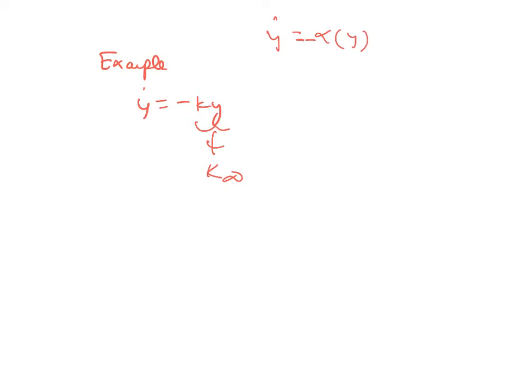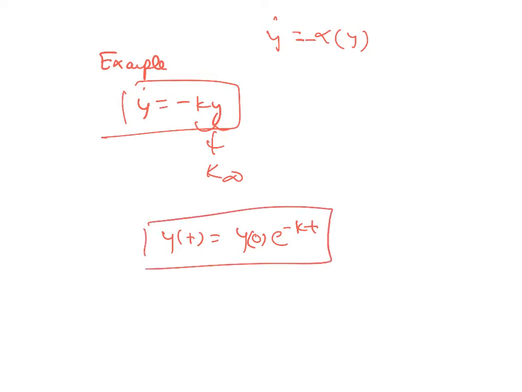Then what is the solution? You can find the solution to this ODE: y of t equals y of 0 times e to the power minus kt. Basically, that's the solution.